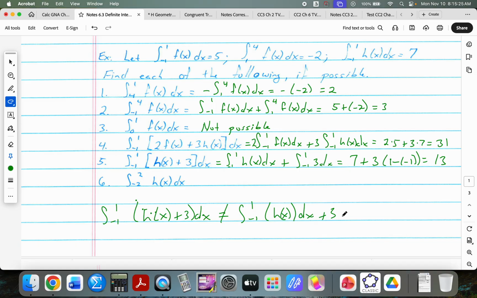Two entirely different things. Here, 3 is part of the integrand. Here, 3 is just a tack on at the end. Not at all the same thing.